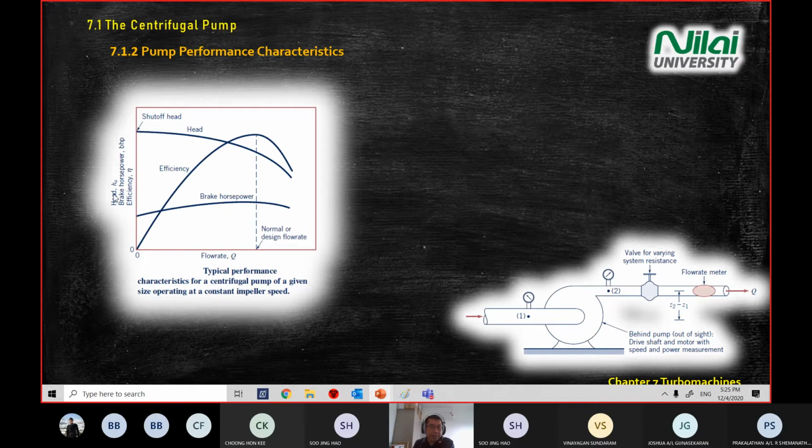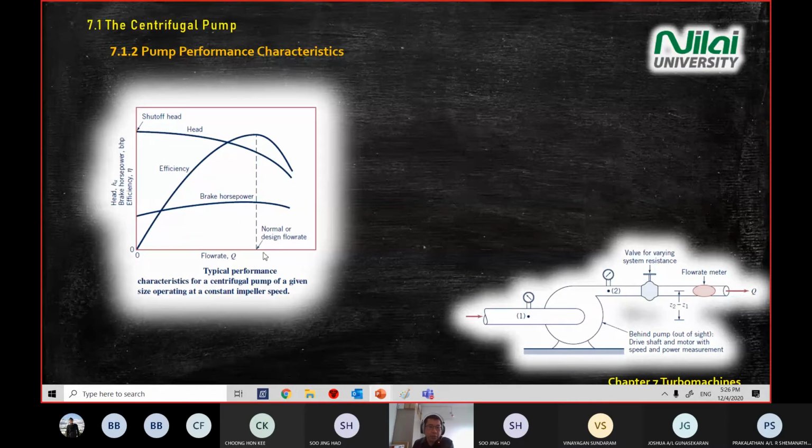On the graph that you see on the screen now, with the head, brake horsepower, efficiency axis versus flow rate, the most important line will be the efficiency, because we want to look at what is the optimum efficiency of the pump that we buy. As we increase the flow rate, the efficiency will go up until a certain point, then it will drop.